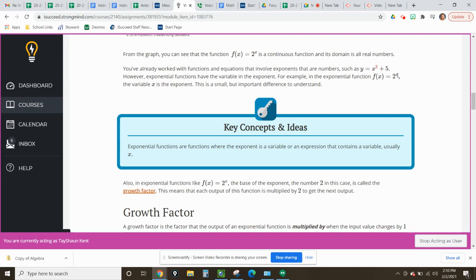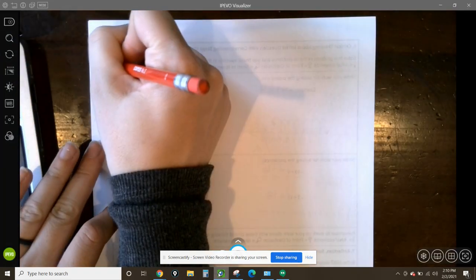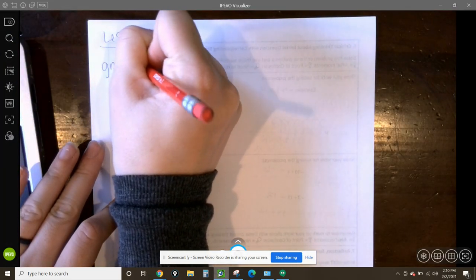Okay? And that's just what I said right here, that key concepts. Also, in an exponential function like this one, the base of the exponent, the number 2 in this case, is called the growth factor. Okay, so this is the first thing I'd like you to write down on your notes. Growth factor.